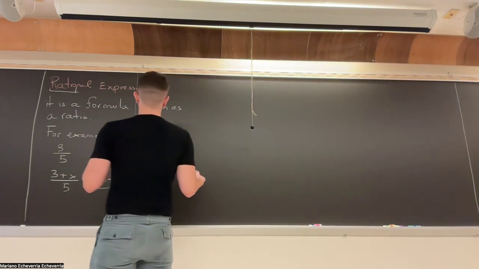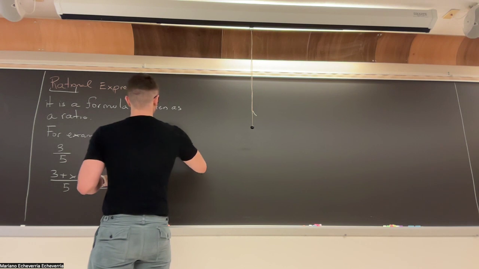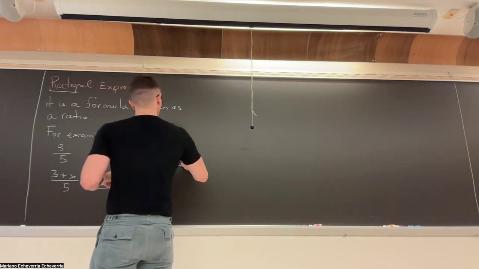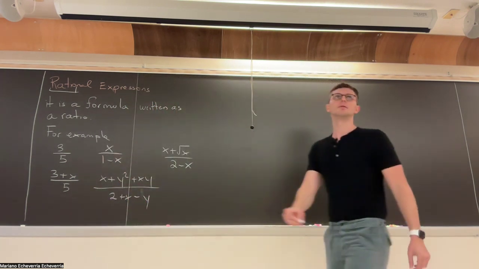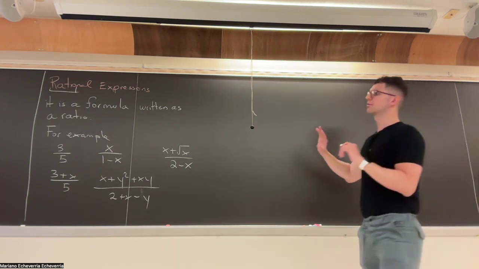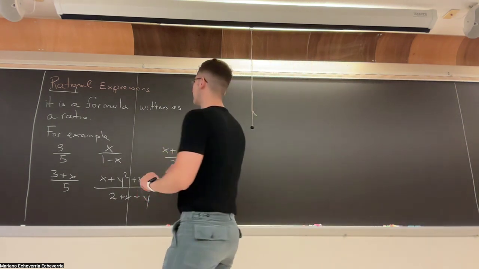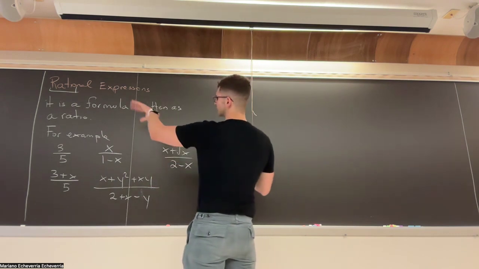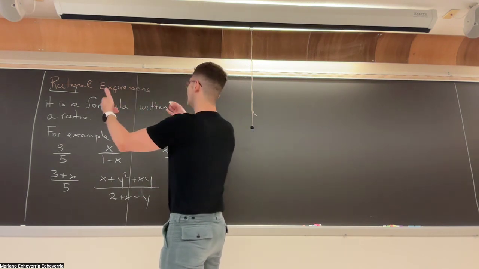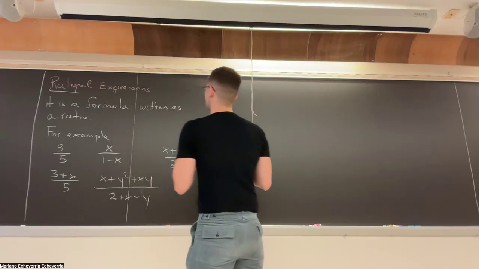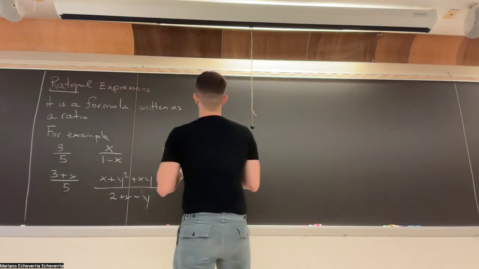It can even involve square roots, that's fine. So you could have something like this. That also would count. So for us, a rational expression would just be a numerator that depends on x and a denominator that can possibly depend on x.